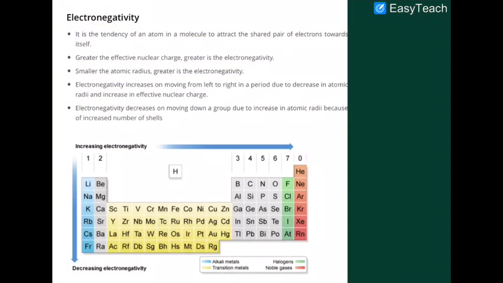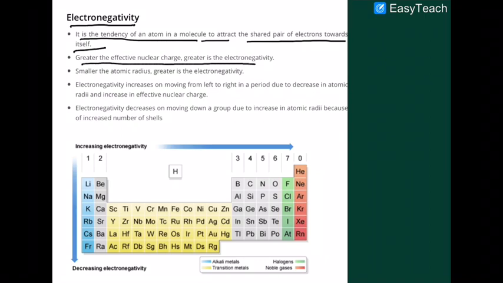Now here we can see that electronegativity is the tendency of an atom to attract the shared pair of electrons towards itself. The greater the effective nuclear charge, the greater the electronegativity. The smaller the atomic radius, the greater the electronegativity. Electronegativity increases in moving from left to right in a period.